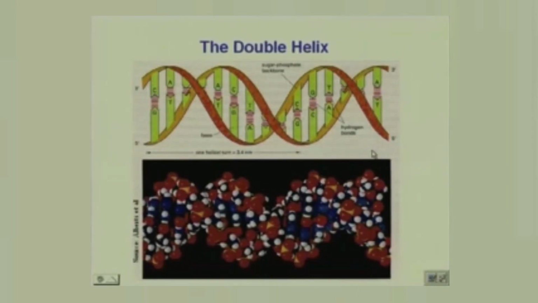Because of the orientation of the structure, we have these grooves. This is what is called the major groove. Okay? And this is called the minor groove. So we have a major groove of DNA, we have a minor groove of DNA.